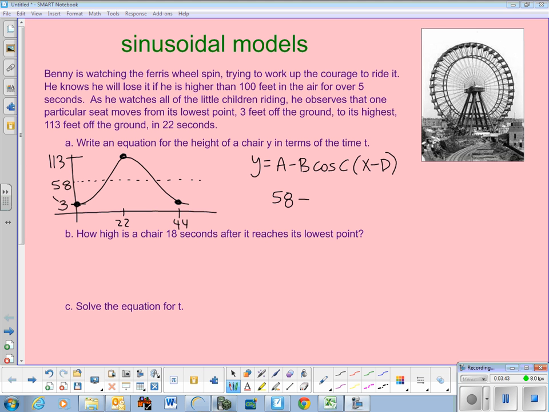I'm doing negative b because I want this to be a negative cosine. A positive cosine graph starts at the top. And if you wanted to do a positive cosine graph, you could have a 22 shift to the right, and that would be fine there. B is our amplitude, and that's the 55.